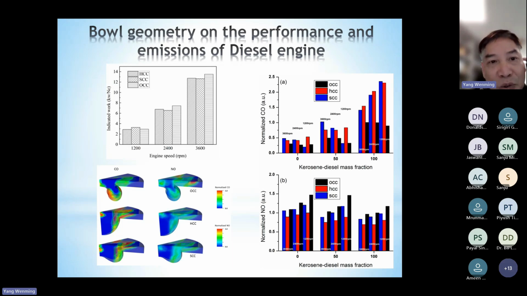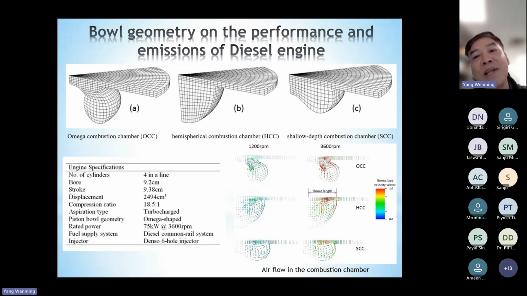So combining these three designs, because the Omega produces the strongest turbulence, and this strongest turbulence can promote the combustion process, thereby increasing the power produced by the engine, correct?